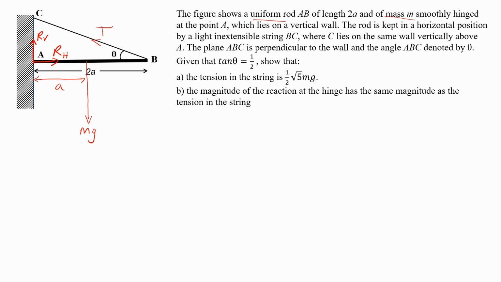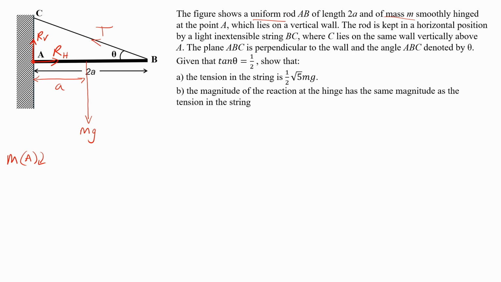As the first task is to find the tension, what I want to do is perform an action that is going to eliminate as many variables as possible in one go, and this action will be taking moments about A. I've chosen to take moments because when I take moments about A, the vertical reaction and the horizontal reaction both go through A. The lines of action of their forces both go through A as they're centered at A. This means when I take moments, their effect will be 0 and they'll be eliminated. So the only two forces that I'll have to deal with will be tension and weight.